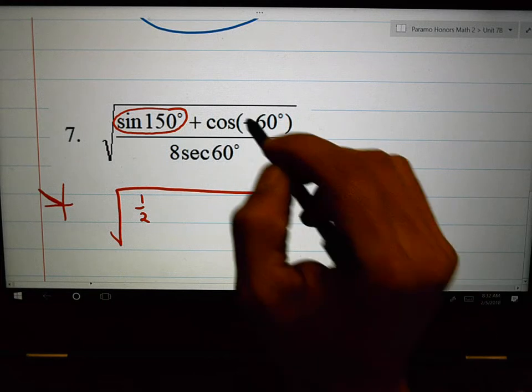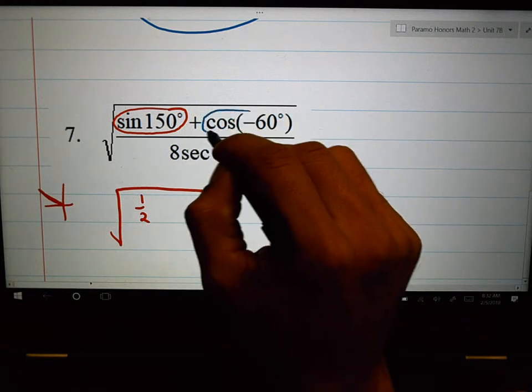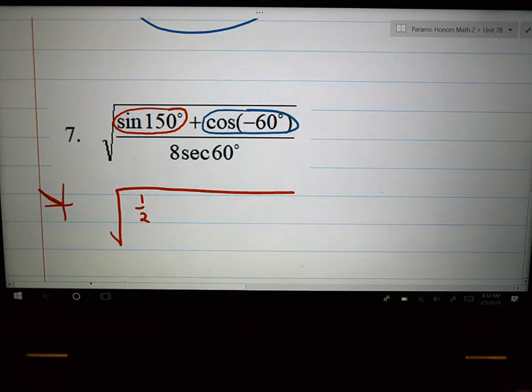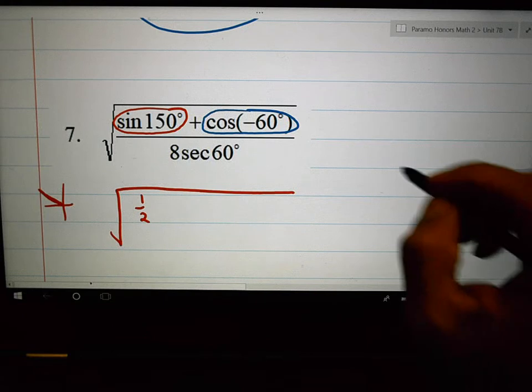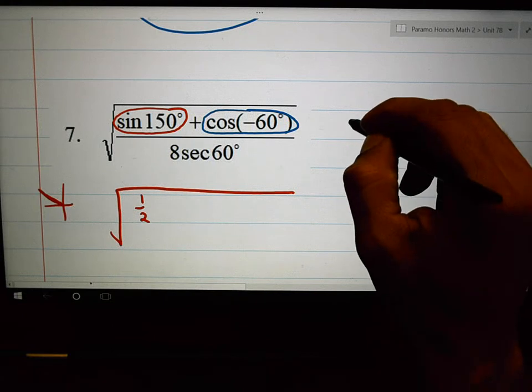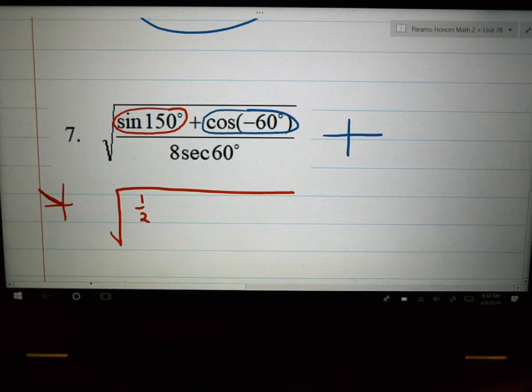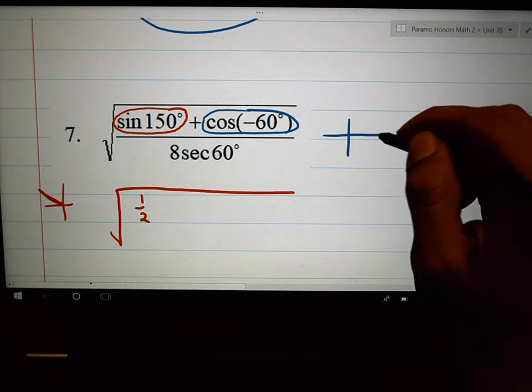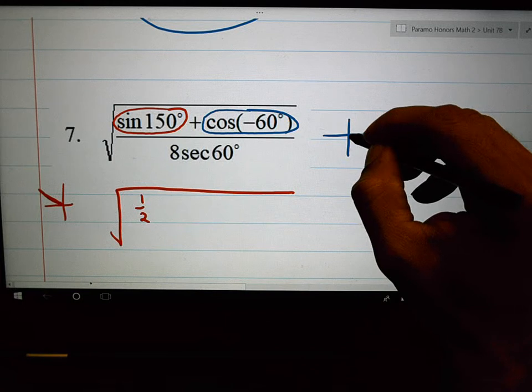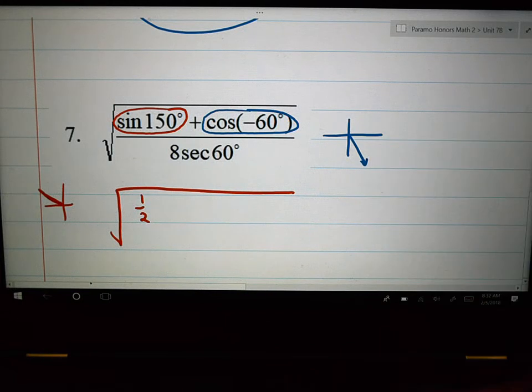Then I'm going to do this next group over here, this cosine of negative 60. I'm switching colors because I want you to know how piece by piece of the angles that I'm drawing. Negative 60 degrees means instead of going in the positive direction, I'm going in the negative direction, and I'm over here in quadrant 4. Is the cosine positive or negative in quadrant 4?